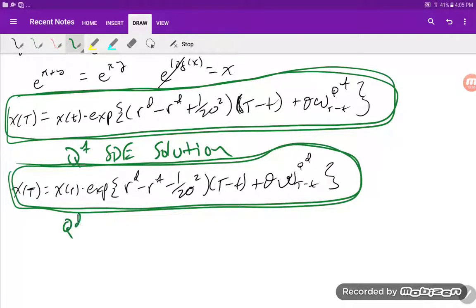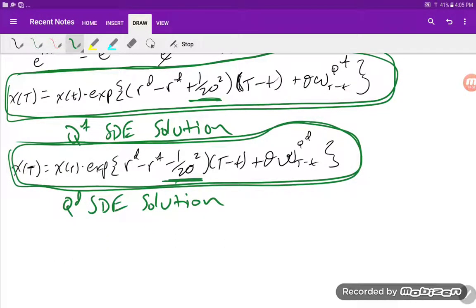That was the Qd SDE solution. So the only real difference is these terms. Those are the solutions to those two SDEs that we'll use in the next video to solve the PDE with Feynman-Kac.